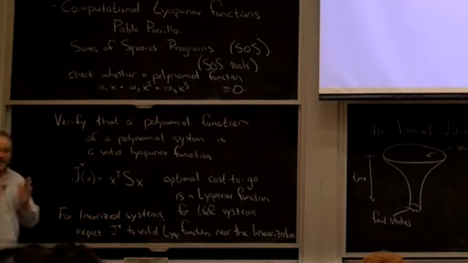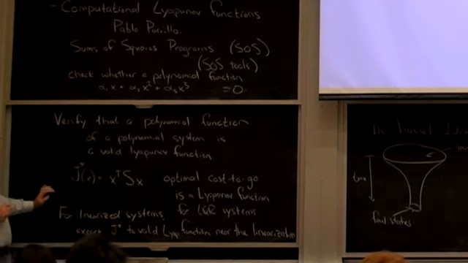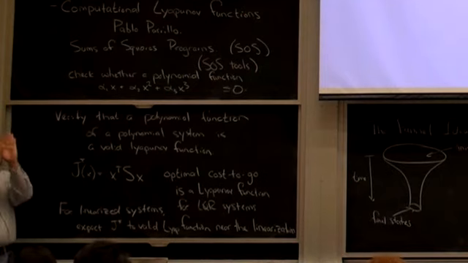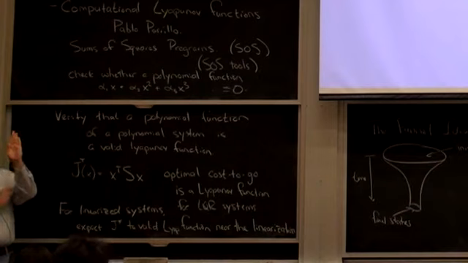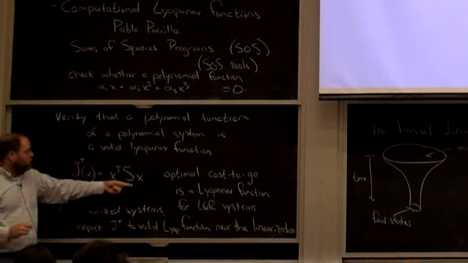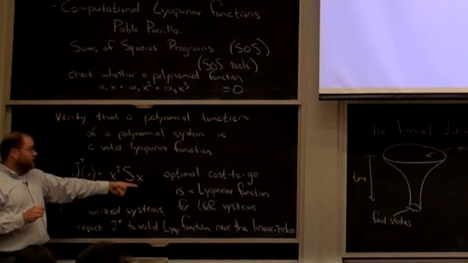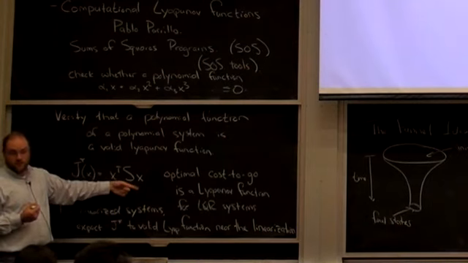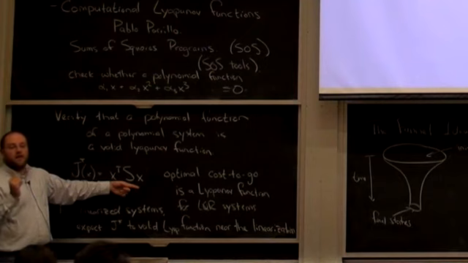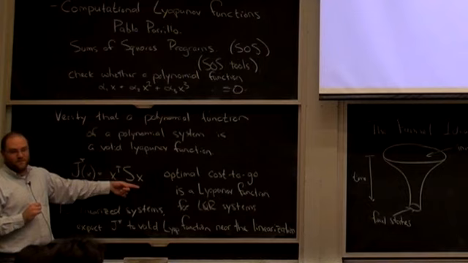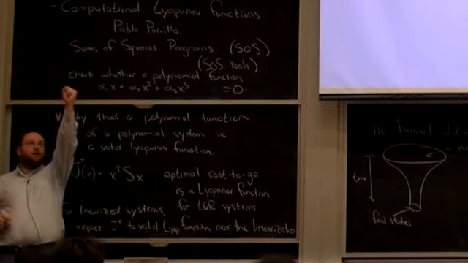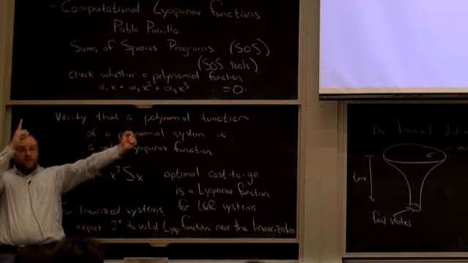A different way to say that exact same thing is that at some point when I get too far from the fixed point, if I evaluate this function and look at the time derivative of this function, my cost is not going to go down as time goes up. In the case of the acrobot, if I'm here and I start going this way, then I'm getting farther from my goal, and my cost is going up.